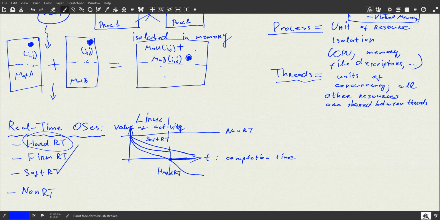So a real-time operating system may or may not be capable of running tasks belonging to those different criticality levels. So Linux currently is definitely capable of running soft and maybe firm real-time tasks.